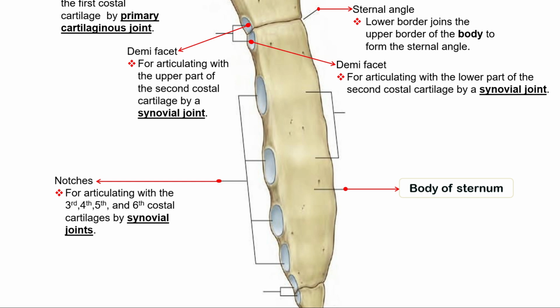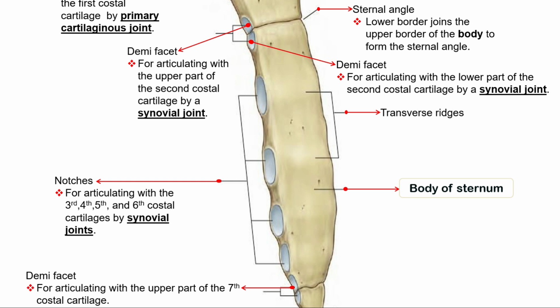That means these costal cartilages, or these pairs of ribs, third, fourth, fifth, and sixth, particularly articulate with the body of the sternum. The anterior surface of the sternum presents transverse ridges, which are irregular surfaces on the body. It also presents a demifacet for articulating with the upper part of the 7th costal cartilage.